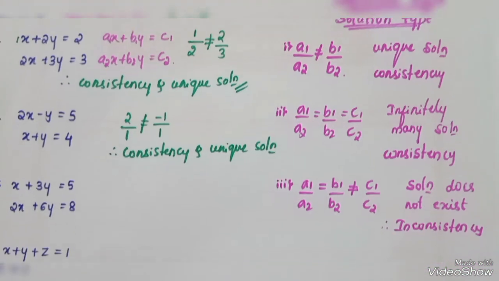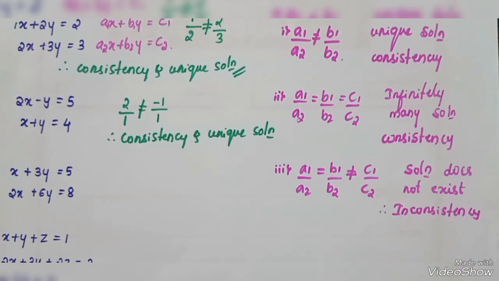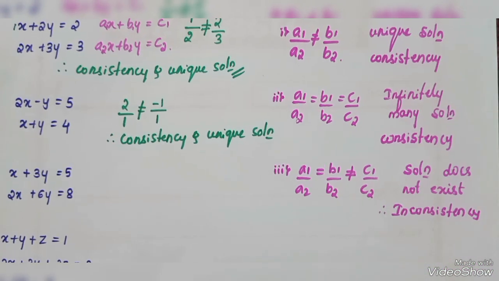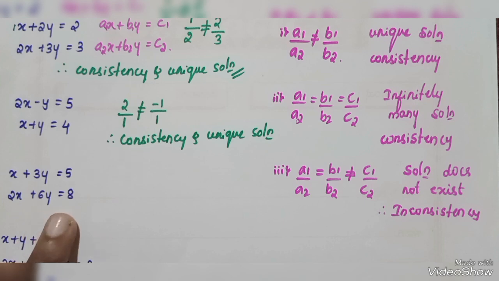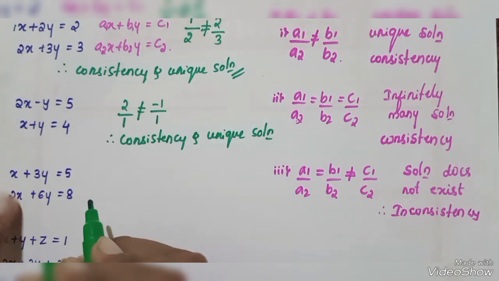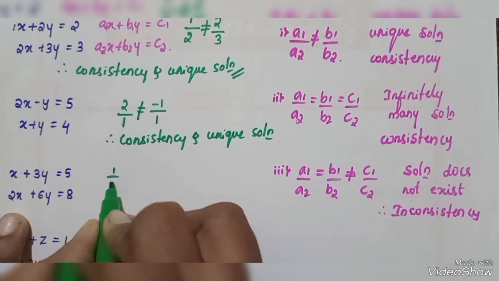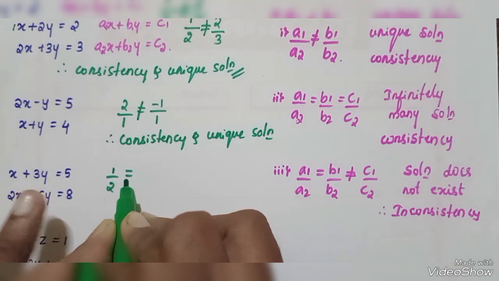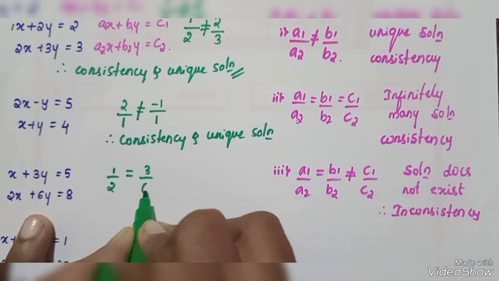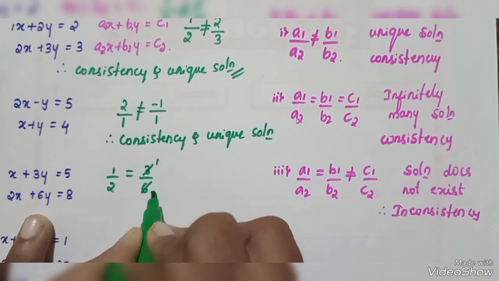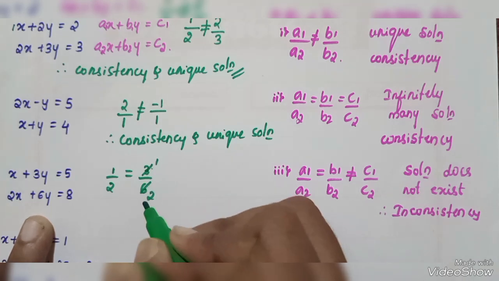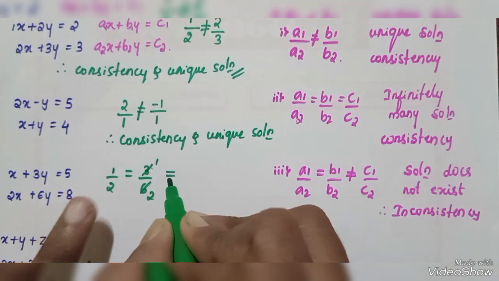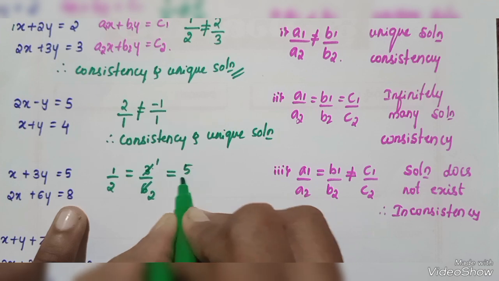Now we check the condition for the third question. The equations are x plus 3y equals 5 and 2x plus 6y equals 8. Now check: 1 divided by 2, and 3 divided by 6, which is also 1 by 2. Here a1 by a2 is 1 by 2, and b1 by b2 is also 1 by 2. But now check c1 by c2, which is 5 by 8.